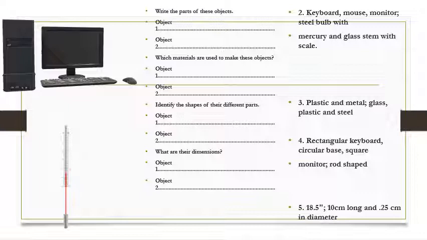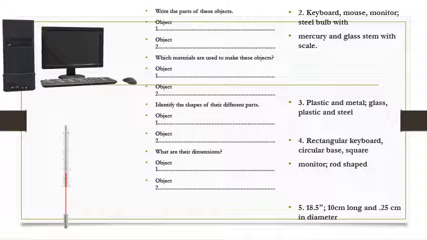If you have a desktop computer, the base is circular. The monitor is square shaped, or it can be rectangular shaped. What about a thermometer? It is rod shaped.